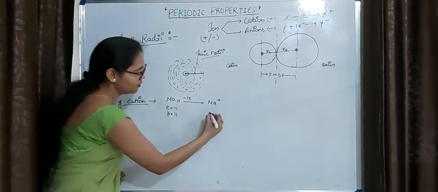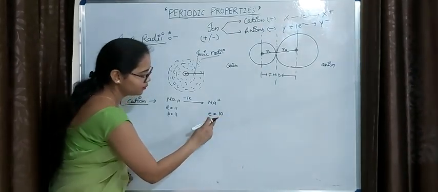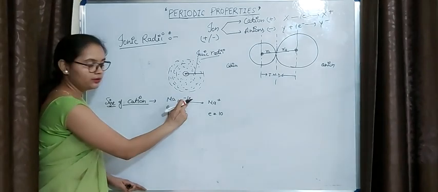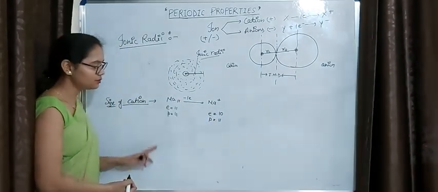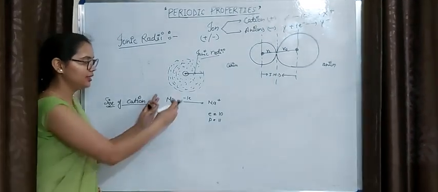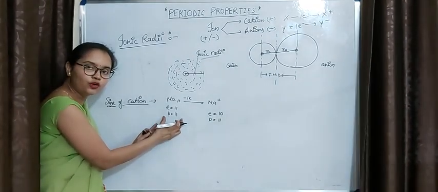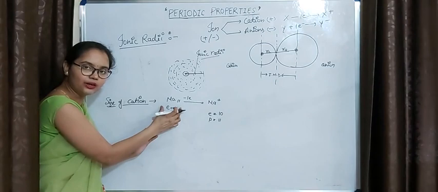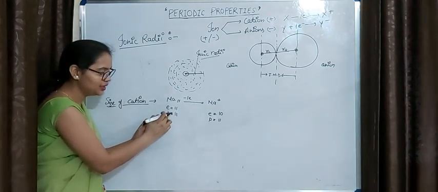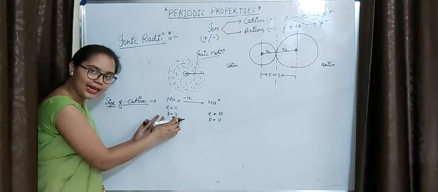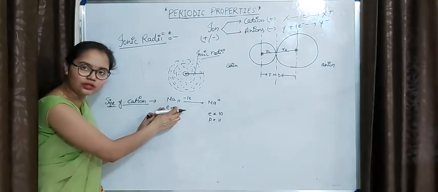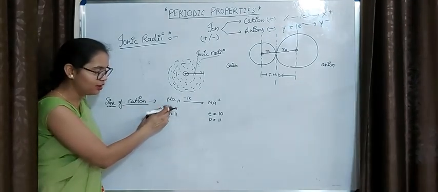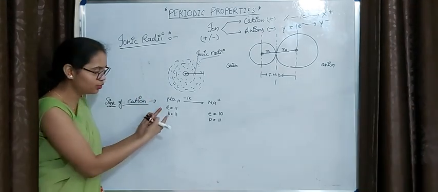So in Na⁺, the electrons are 10 because it lost one electron, and the number of protons is still the same, which is 11. So as you can see, in this case 11 protons are attracting 11 electrons, meaning the nuclear charge, which equals 11 protons, is attracting 11 electrons, so per electron one proton is there.